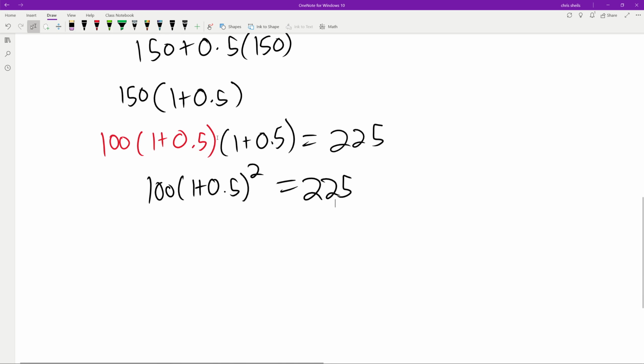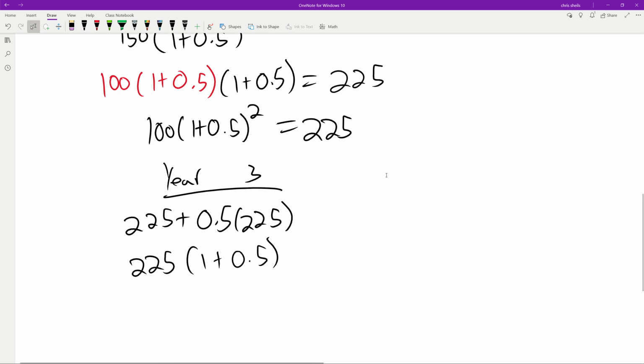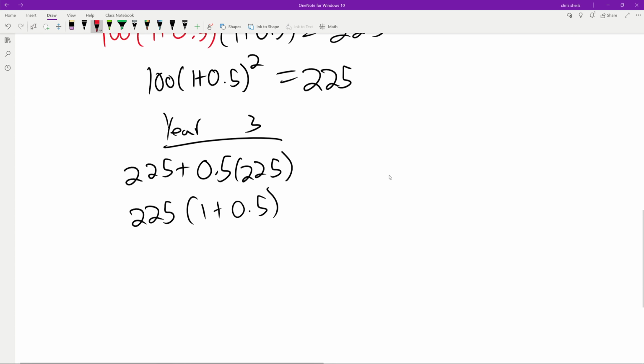Then, for year 3, we have 225 plus 0.5 times 225. Again, I can factor 225 out of everything. 225 is 100 times 1 plus 0.5 squared.